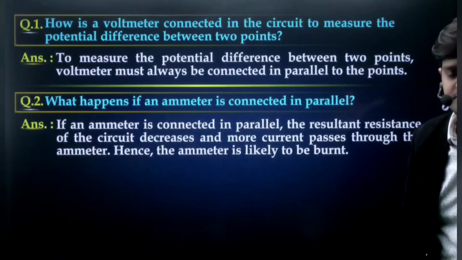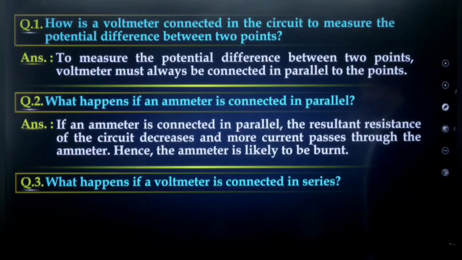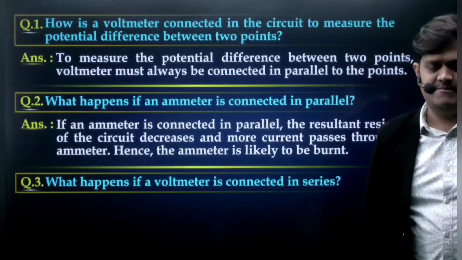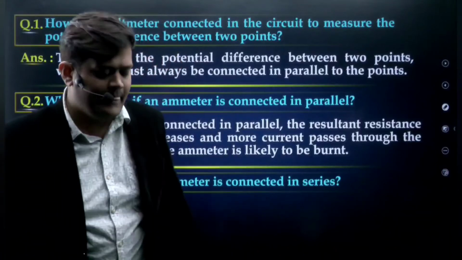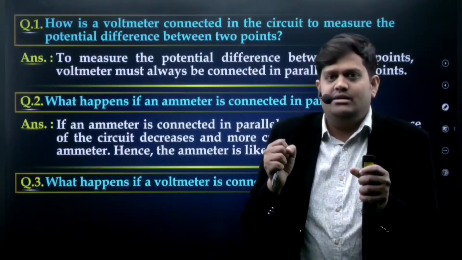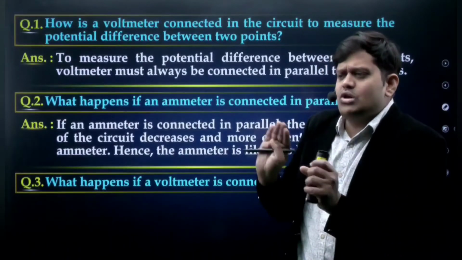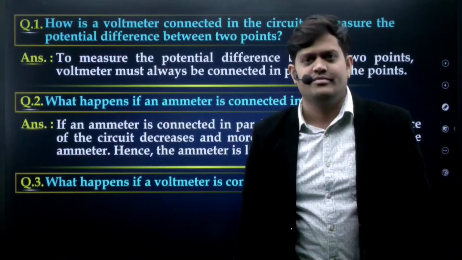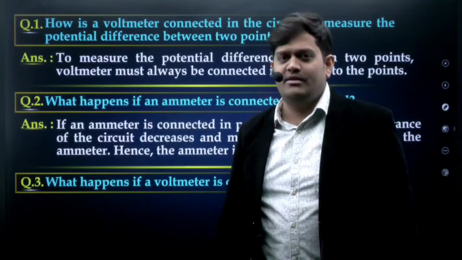Okay, my dear. Now the next one is, what happens if a voltmeter is connected in series? If the voltmeter is connected in series, then it opposes the current, and it has high resistance, so it opposes all the current. Is it beneficial or not? It is not beneficial.